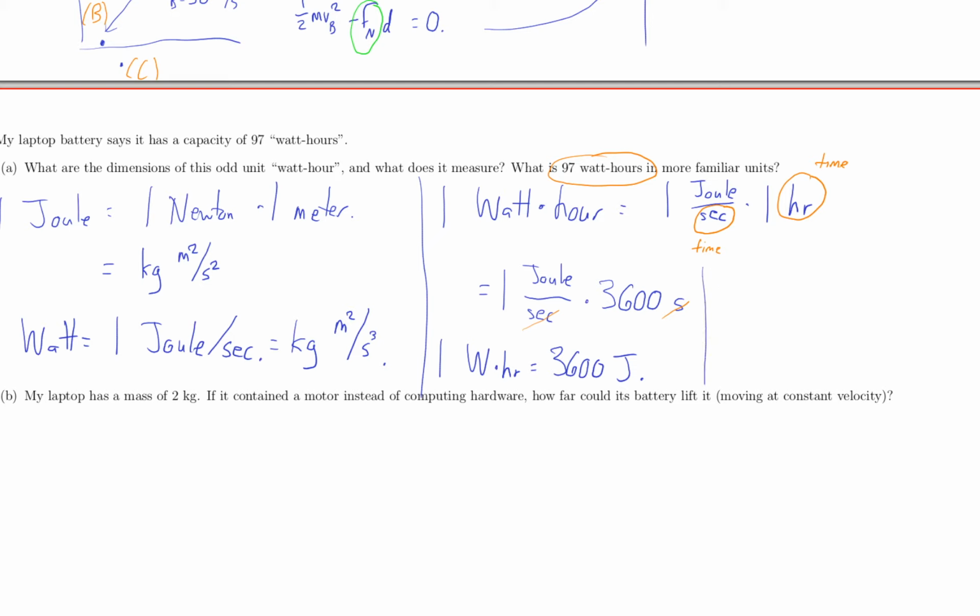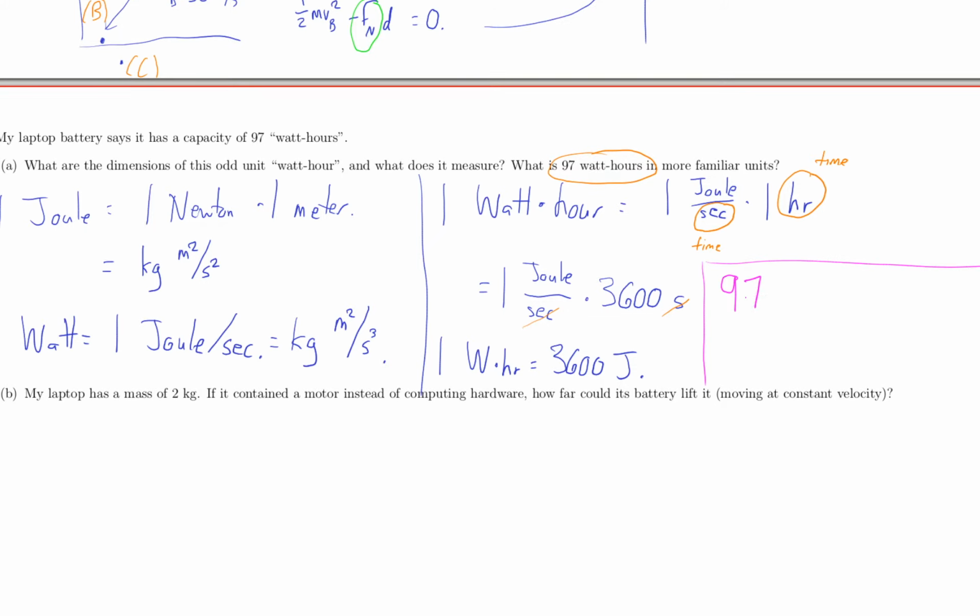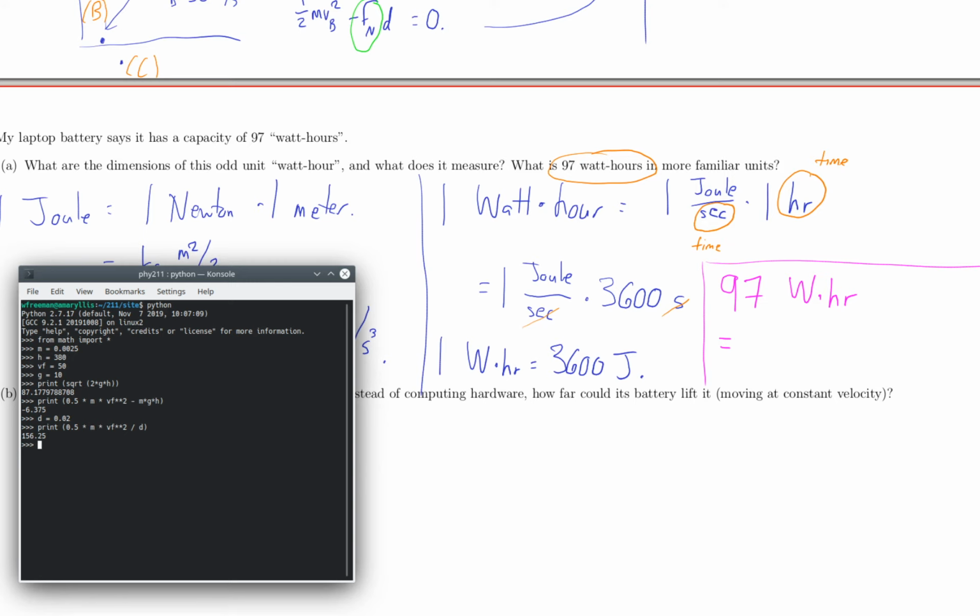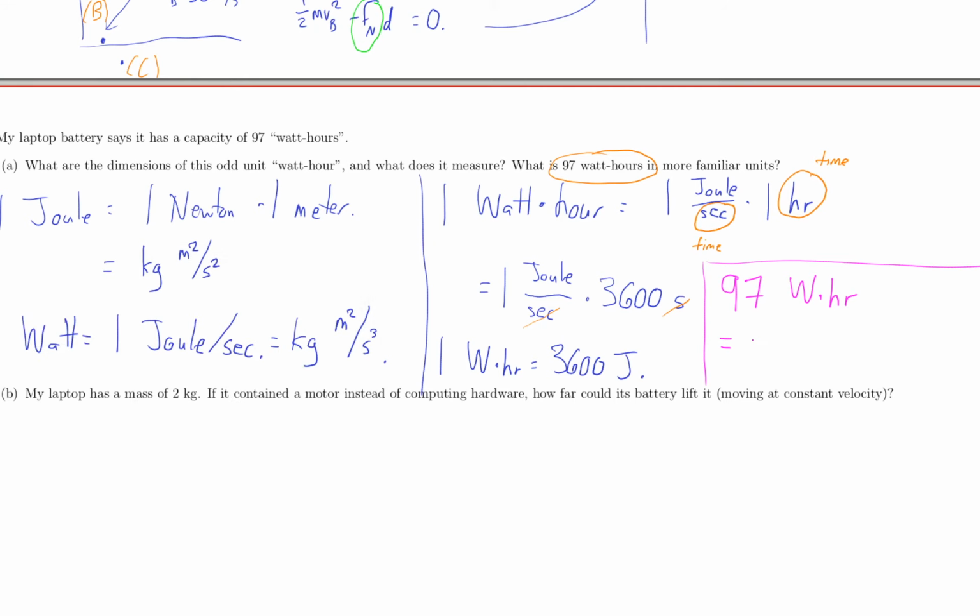So 97 watt hours is, let me find my handy dandy little Python window to do math. 97 watt hours times 3,600 joules, which is what 1 watt hour is, is 349,200 joules.